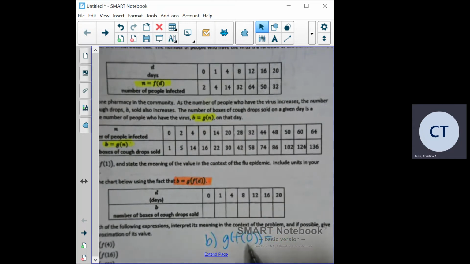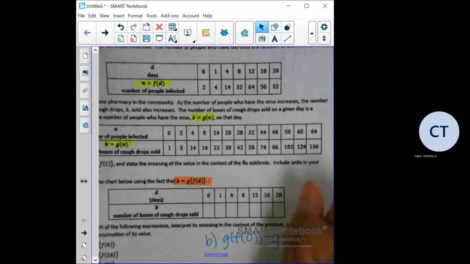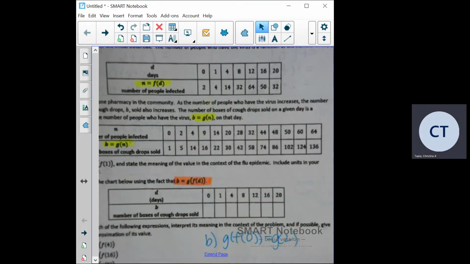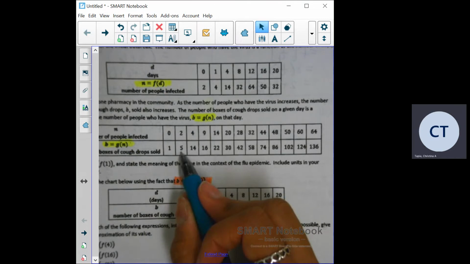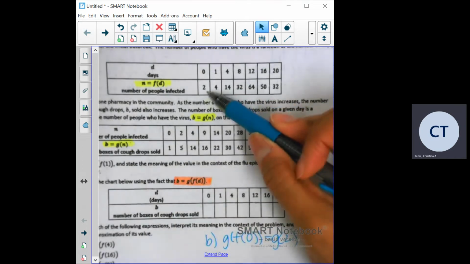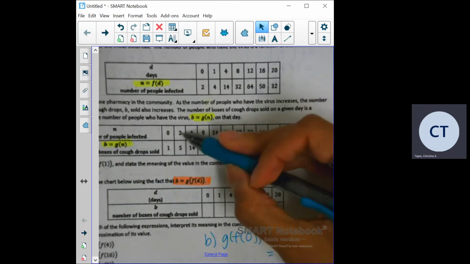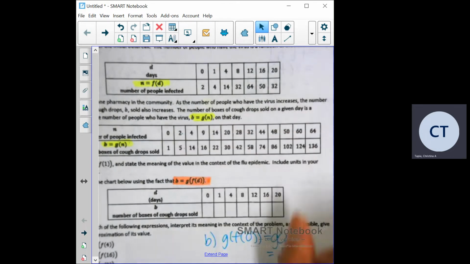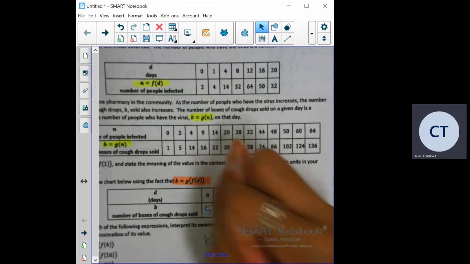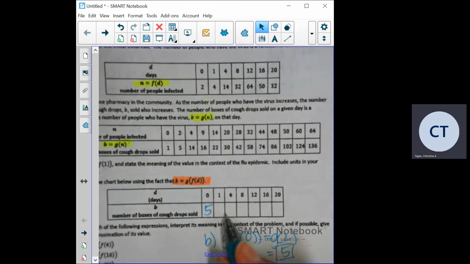Working from the inside out, what's F of 0? 2. What's G of 2? 5. You're using the second table. Start with 0, which gives 2. Now G of 2, which is 5. 2 is here, 5 is here. This is my G table. So the answer I have is 5. Fill in the rest of this table.